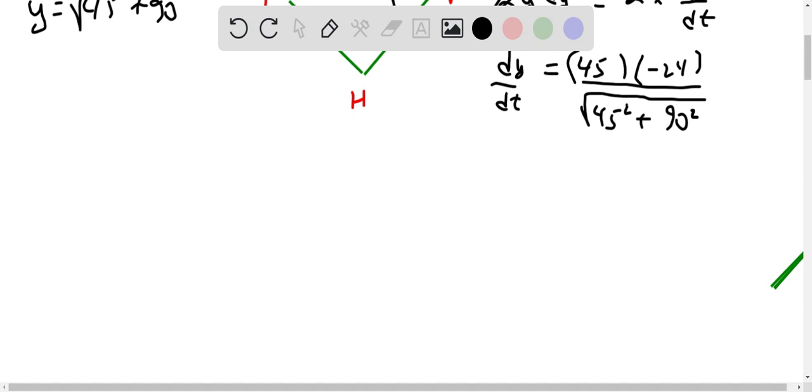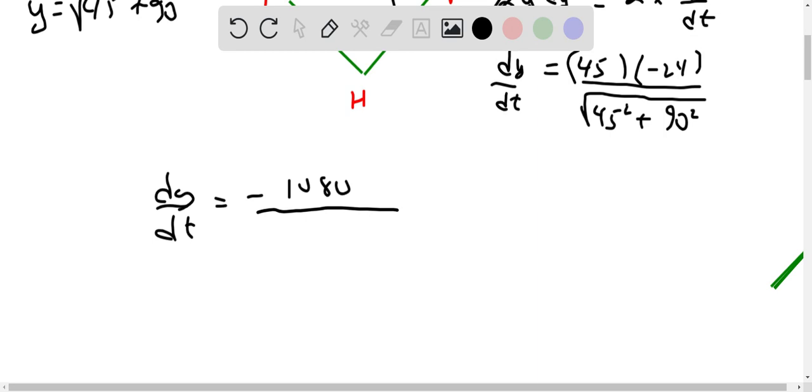So dy dt is negative 1,080 over... 45 squared is 2025, and 90 squared is 8,100.